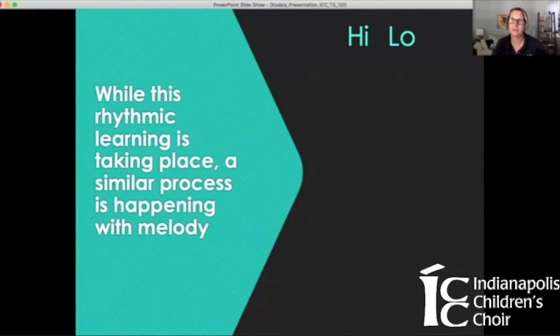And so with melody, what we're going to start with is high and low. Can we identify high and low? And once again, this is another area where I find that children often get confused with volume, because they'll hear someone yell at them, "Turn the music lower, please," or "Turn the music down." And what they mean is turn it softer. It's too loud.